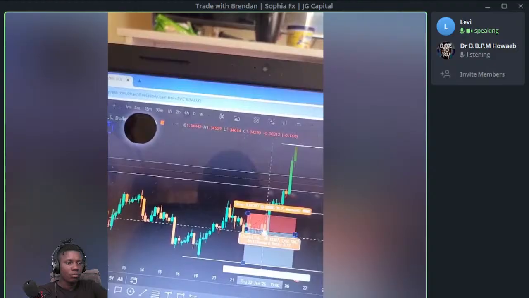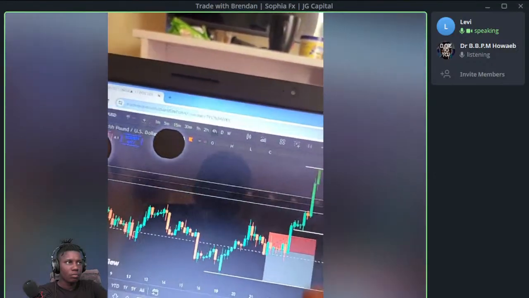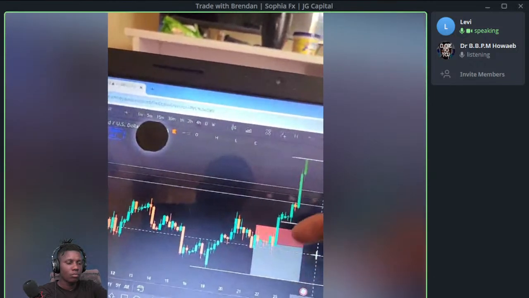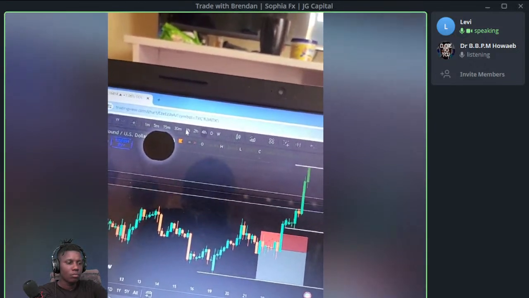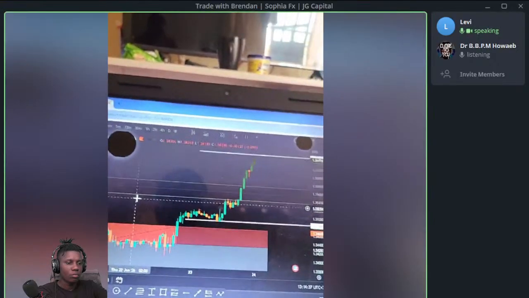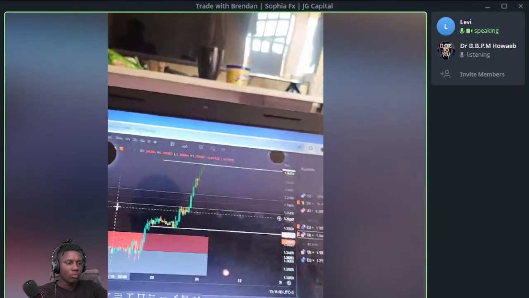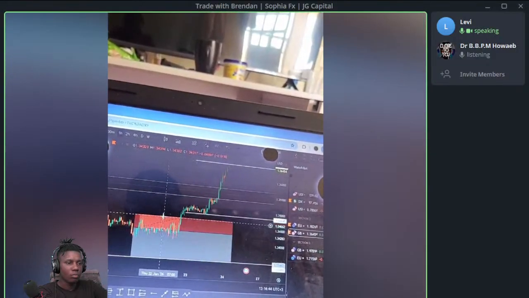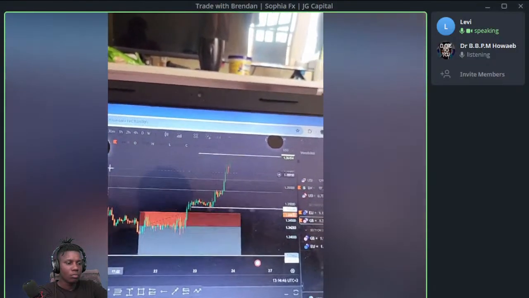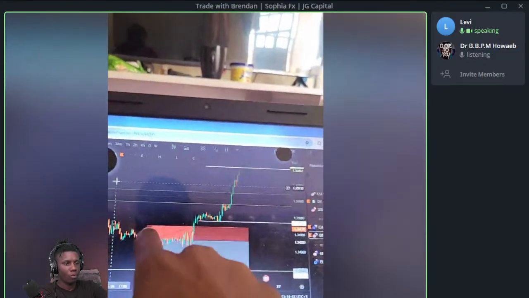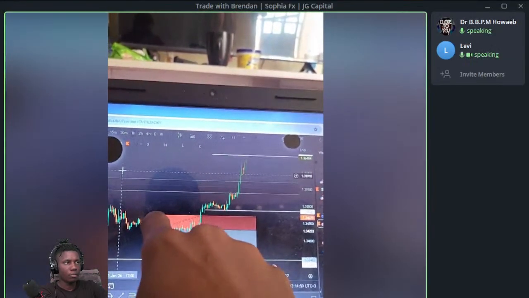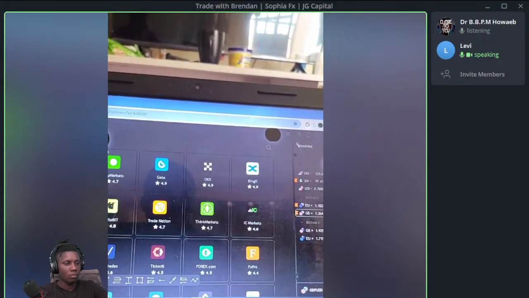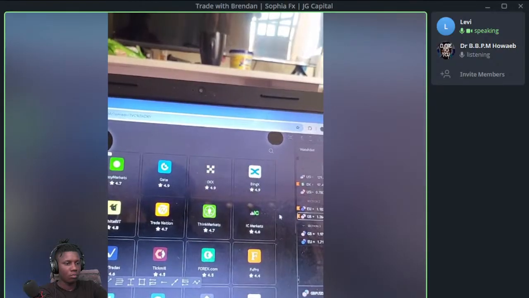I saw this 4 hour again, and it was very bearish. In fact, I saw it was engulfing. It had not engulfed fully, but I saw it was engulfing. When you come on the 1 hour, this is the 1 hour. In fact, this was the previous daily high around here.